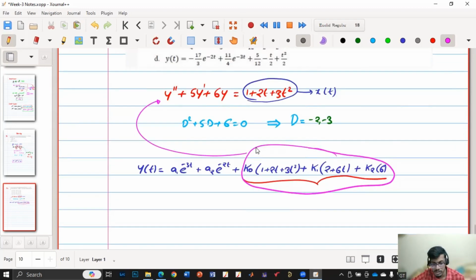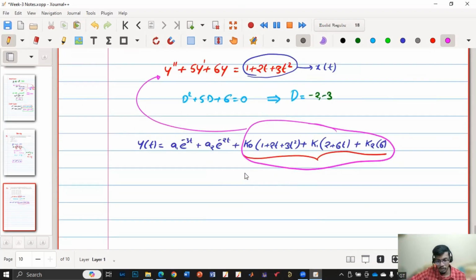I will not solve because this is a very lengthy problem. I'll just write this as y n of t and this as y f of t. So the method is like this.